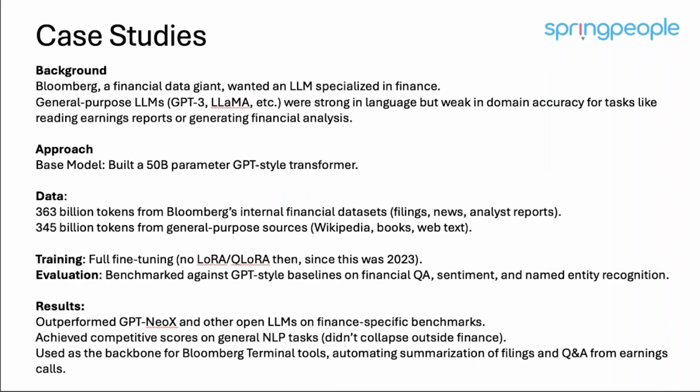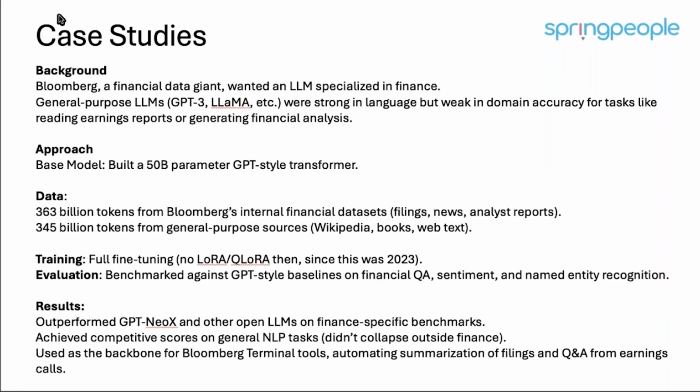Okay, so I just want to give you a final slide in this of how a very specific LLM was built. I'm sure you might have heard about this, the Bloomberg GPT. And why did Bloomberg do that?